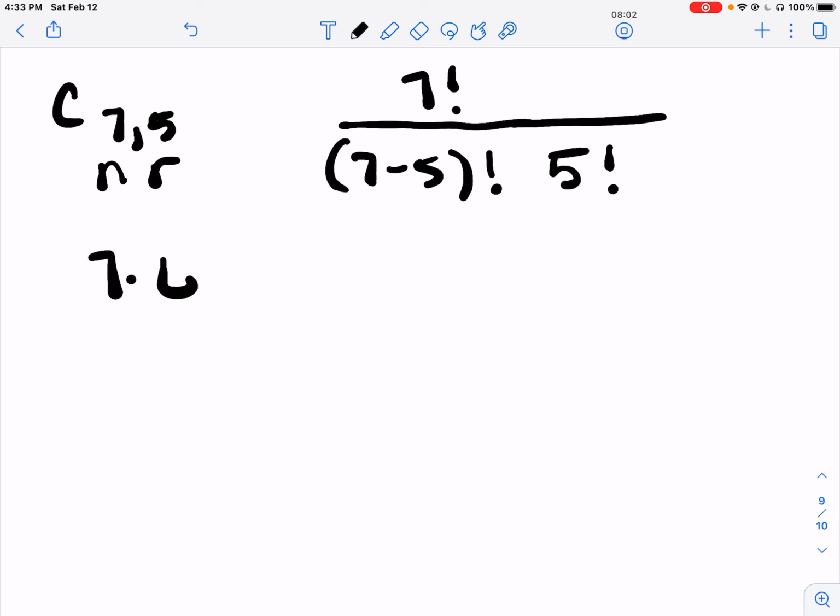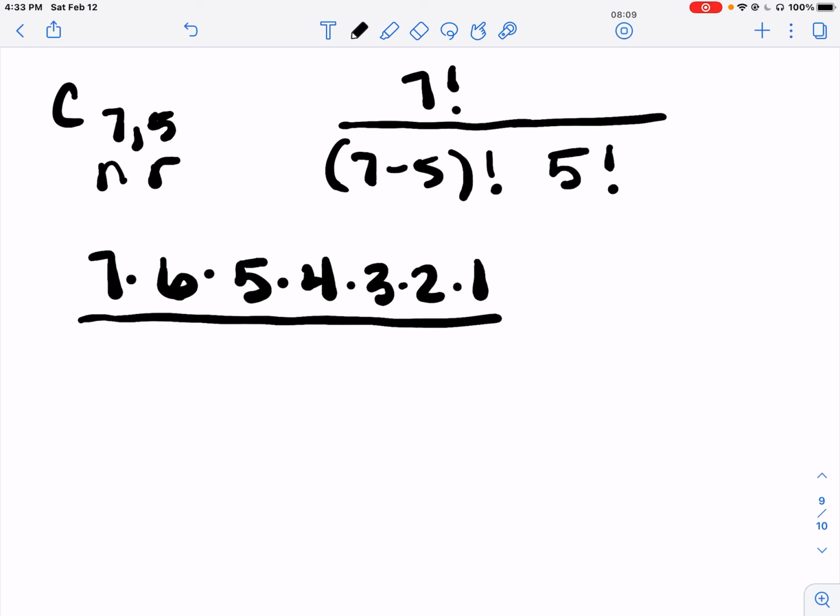Okay, 7 factorial is this. 7 minus 5 is 2. On bottom, you've got to do what's in the parentheses. Okay, so we're going to multiply out 7 factorial on the top. That equals 5040.